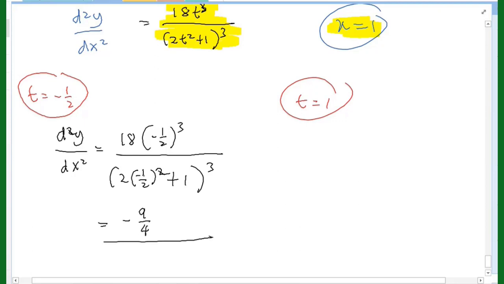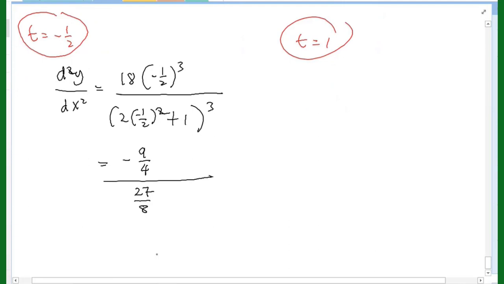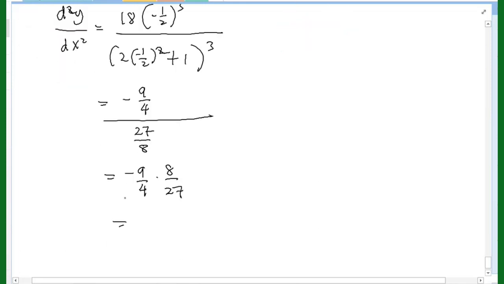This one, 1 over 2 negative squared is 1 over 4. 2 over 4, 1 over 2 plus 1, 3 over 2. 3 over 2 cube is 27 over 8. Okay, continue. 8 over 27. Okay, cancel, simplify. Cancel 2. Negative 2, this one 3. Settled for this part.